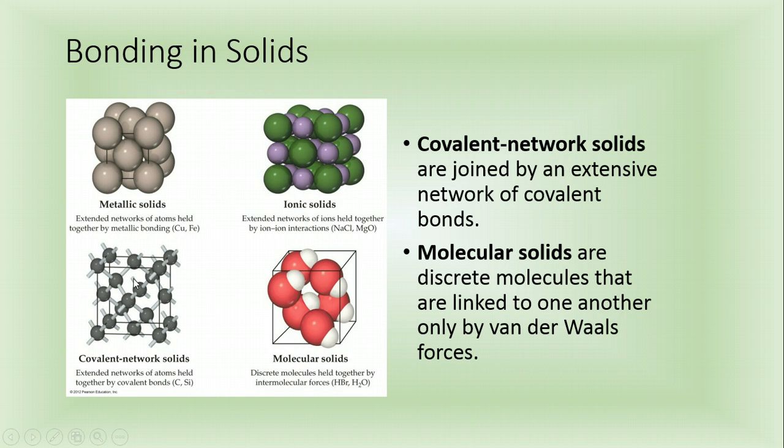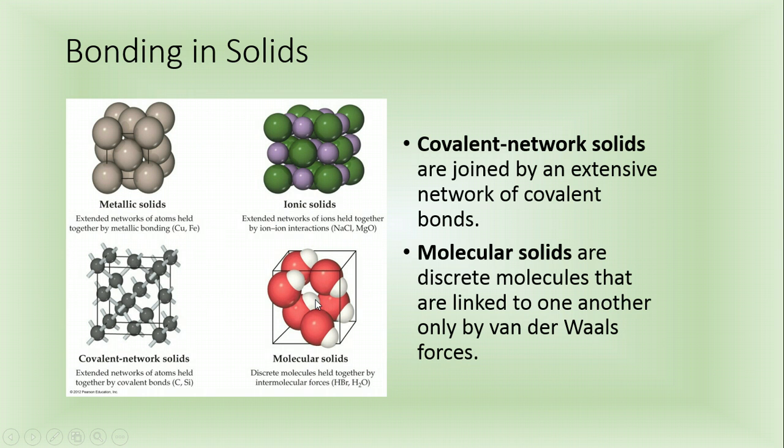In comparing these two, they both have covalent bonds in them, but the covalent network, or the macromolecular solids, have covalent bonds holding together each of the lattice points, and that makes it a very, very strong structure, because that means breaking those bonds if you're going to separate the lattice points.